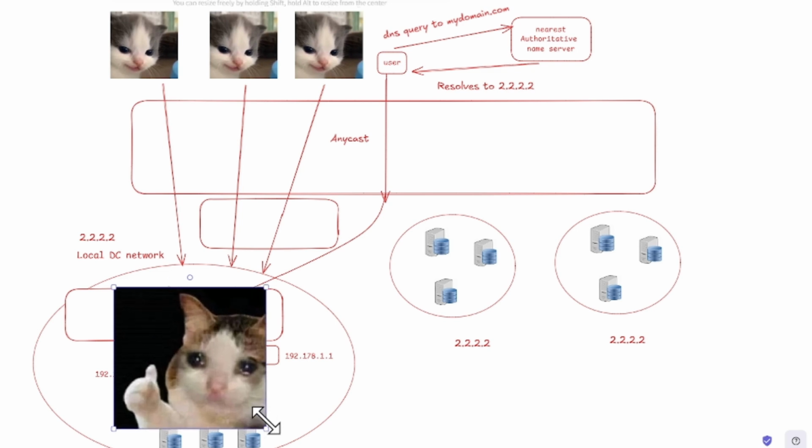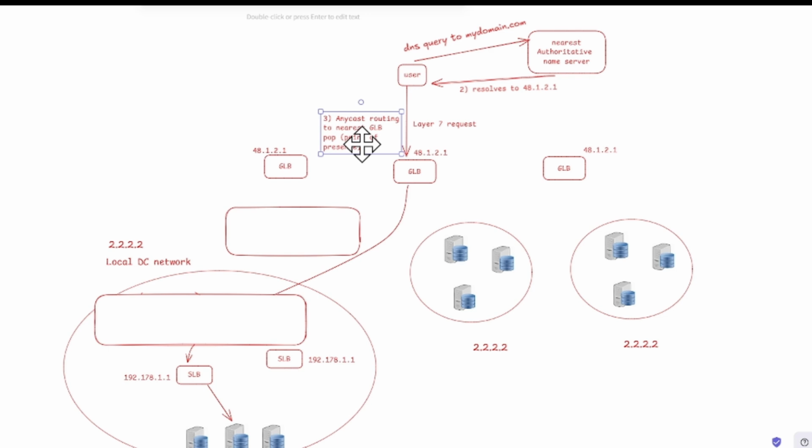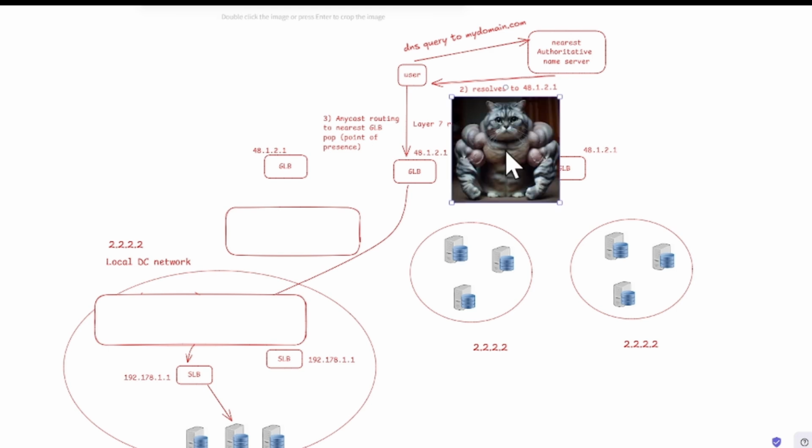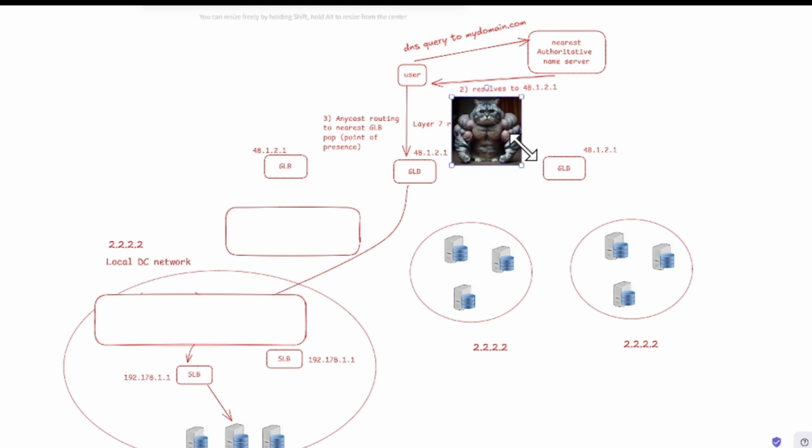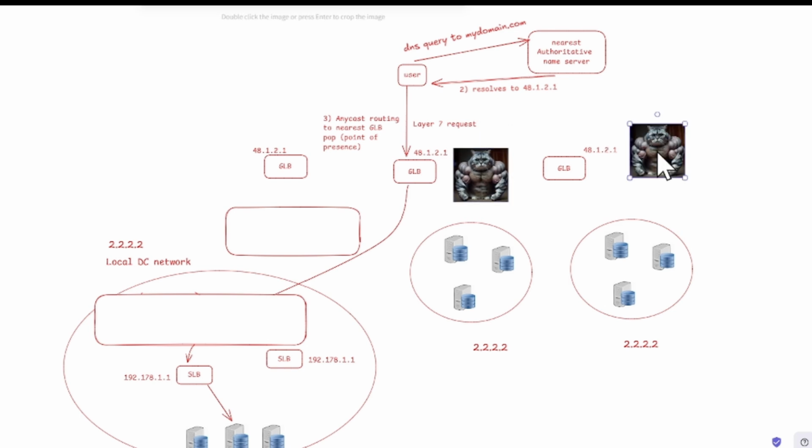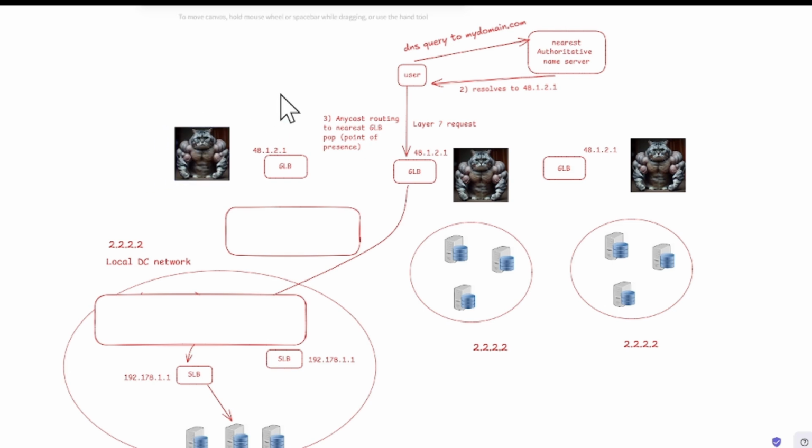So if we advertise the IP of the global load balancer, all our backend pool is behind that load balancer and it can distribute the load evenly even in case of a DOS attack. It can also do SSL termination. It can whitelist IPs and do rate limiting, throttling, implement a circuit breaker pattern to prevent cascading failures, probably use a firewall in the global load balancer to prevent malicious actors from ruining our systems.